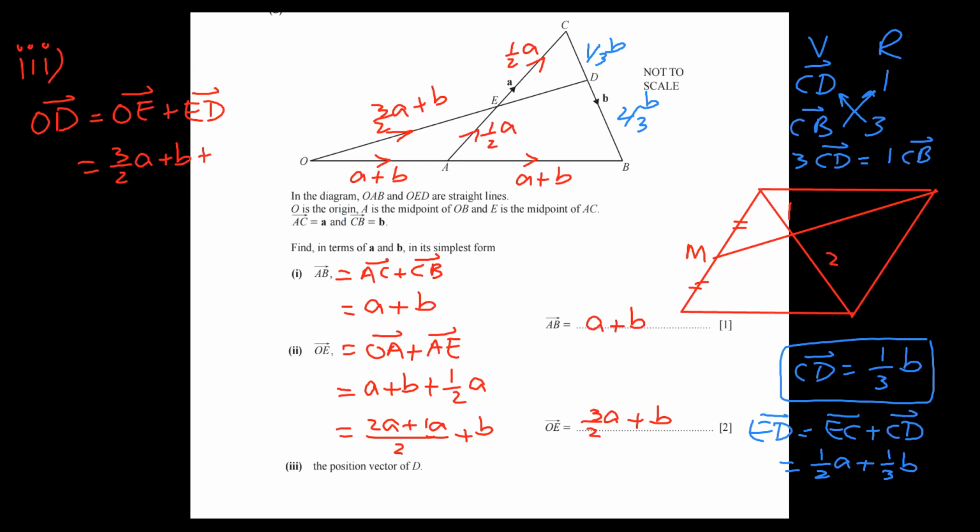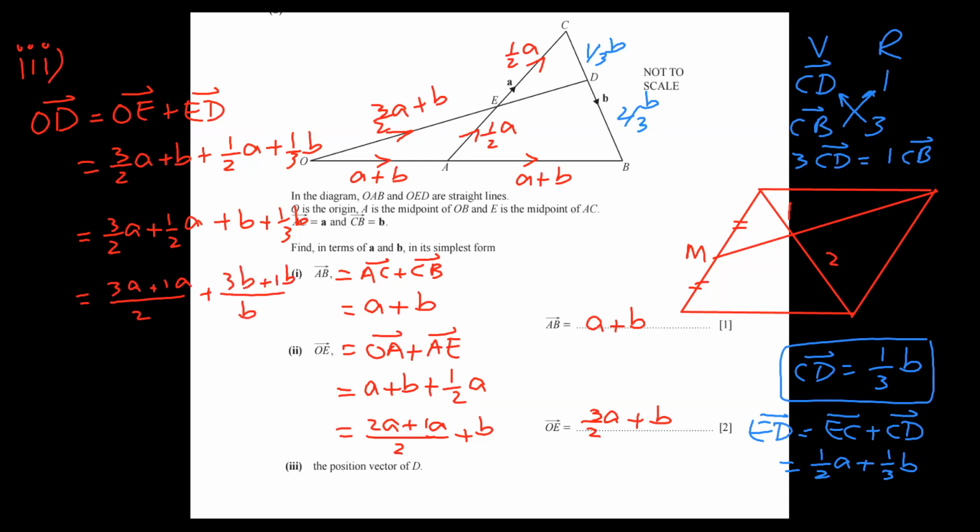So half A plus 1/3 of B. Now, like terms of A, 3/2 A plus 1/2 A, and similarly the like terms of B, B plus 1/3 B. If you solve this, take LCM 2, so 3A plus 1A over 2, and for B, LCM 3, so 3 plus 1 over 3. Ultimately, we got 4A over 2 from here, and 4B over 3 from here. This is our actual answer.